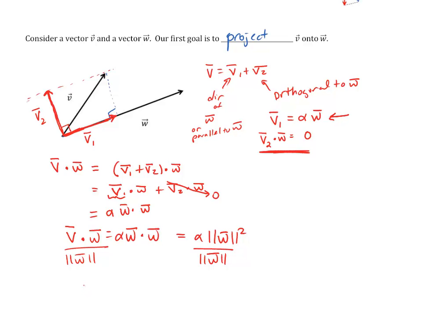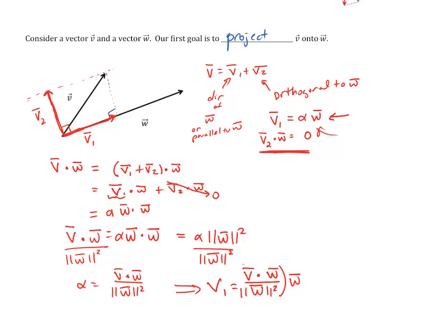And then I end up with alpha is equal to v dot w over the magnitude of w squared, which means that v1 is v dot w over w's magnitude squared, and then times w, right? That's alpha times w.